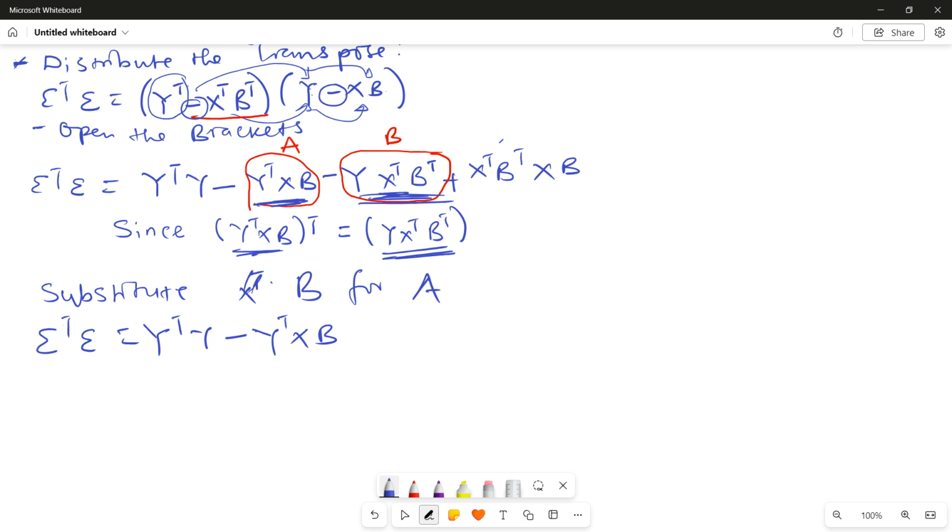Why? Because the two are equal. So where there is B, where there is that whole term there, we can also put minus y transpose xb. Then we add the other term there, the x transpose b transpose xb, like that. Why have we done this? It's because we have established that the two are transpose of each other.